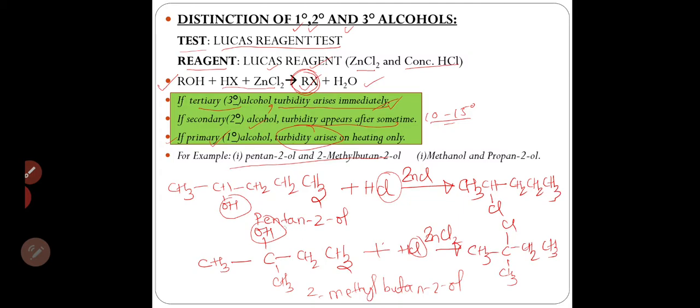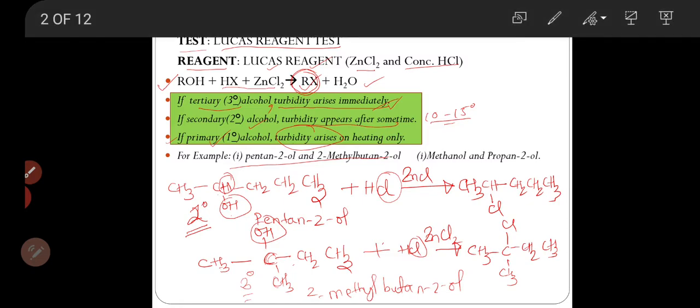In the first molecule, the OH is attached to a carbon which has 1 hydrogen, so this is a 2 degree alcohol. In the second, the carbon attached to OH does not have any hydrogen, it is attached to three carbons. No hydrogen means this is the tertiary one, a 3 degree alcohol. Now what is the observation?